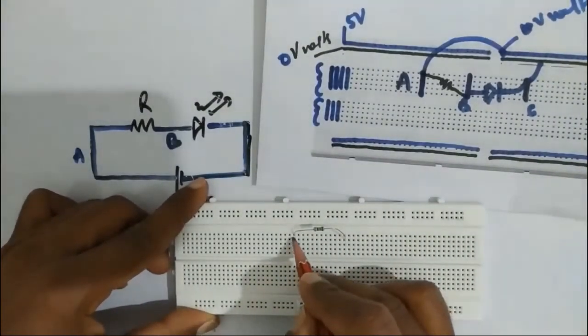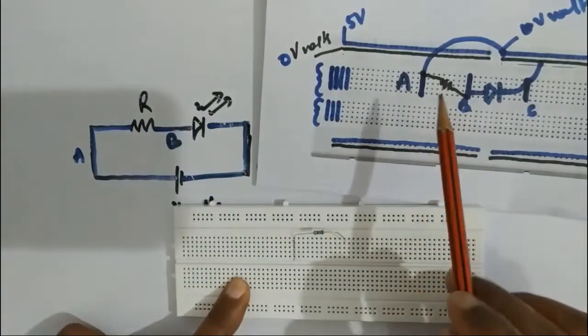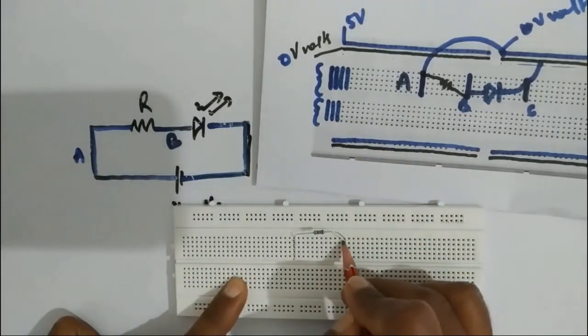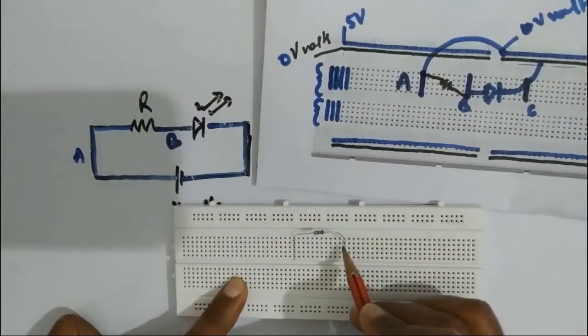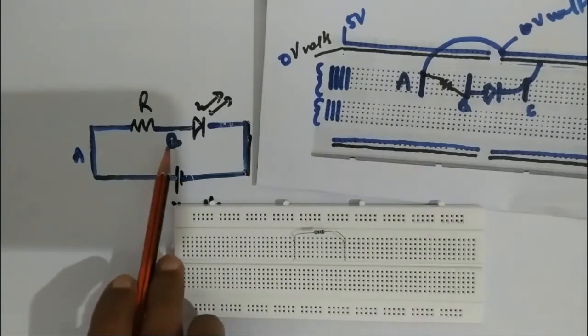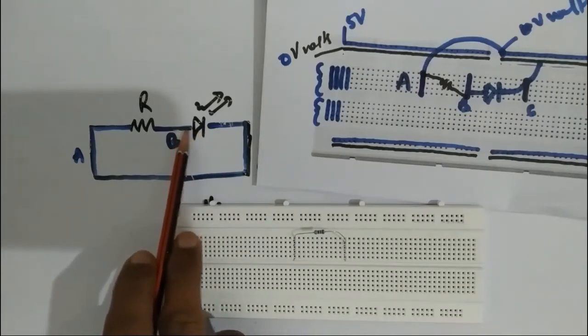Now see, all these points on this end will be at the same voltage level, which we have already named A. All these 5 points will be at the same voltage level, that is B. All the points are B. Now B is connected with the positive end of the LED.